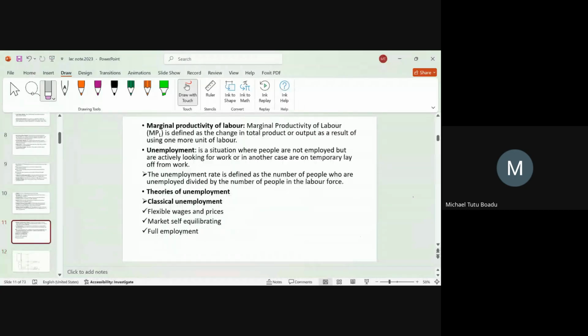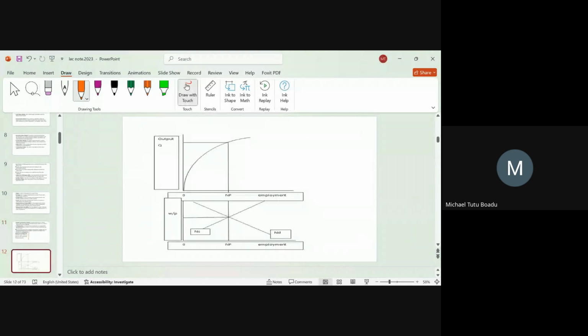Now let's look at how the classical situation explains the issue of employment and unemployment. The top diagram looks at the relationship between output and employment.